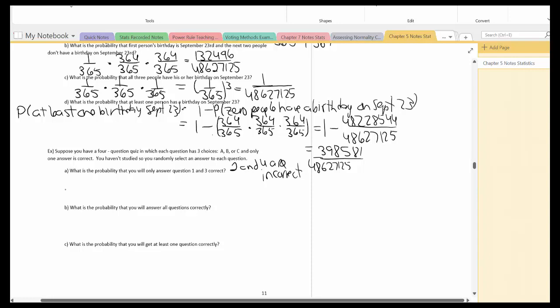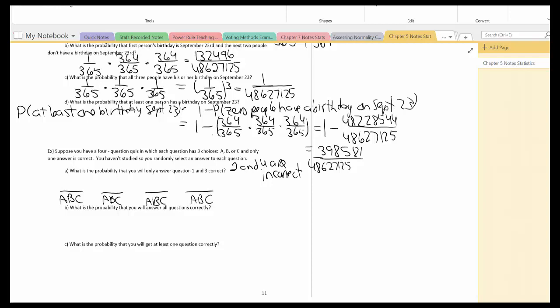Okay. 4 spots because it's a 4-question quiz, and I'll write A, B, C, to remind ourselves that each question is A, B, or C. So the first question is correct. What's the probability you're going to get it correct? There's 1 correct answer out of 3 choices. And the probability of getting the second one wrong, 2 incorrect out of 3.